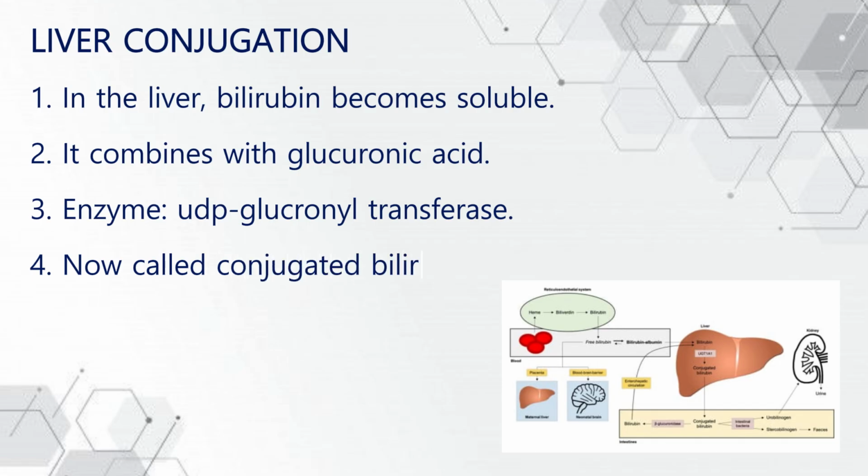Now, the resulting molecule is called conjugated bilirubin, and because it is now water soluble, it can easily be secreted into bile and move into the intestine for excretion. So that means the main job of the liver is to convert the bilirubin into a water soluble form so that it can be easily excreted into bile.